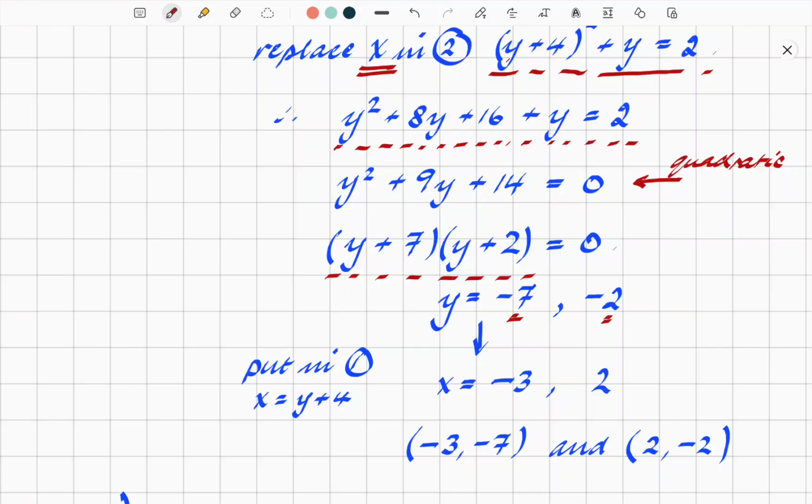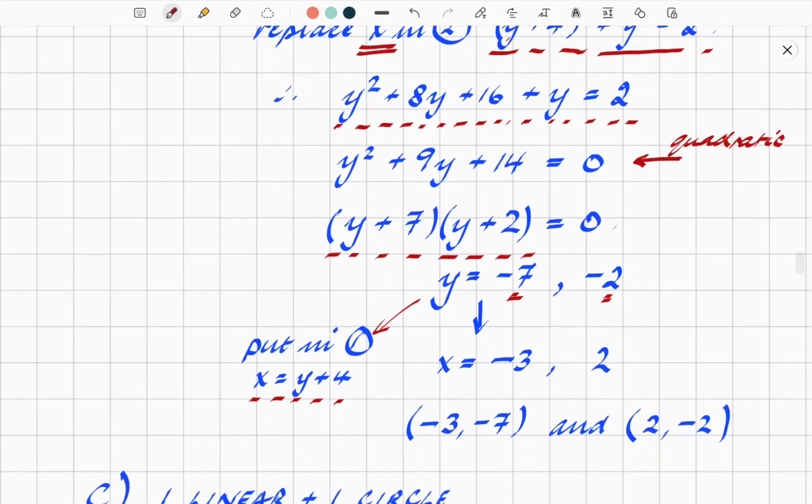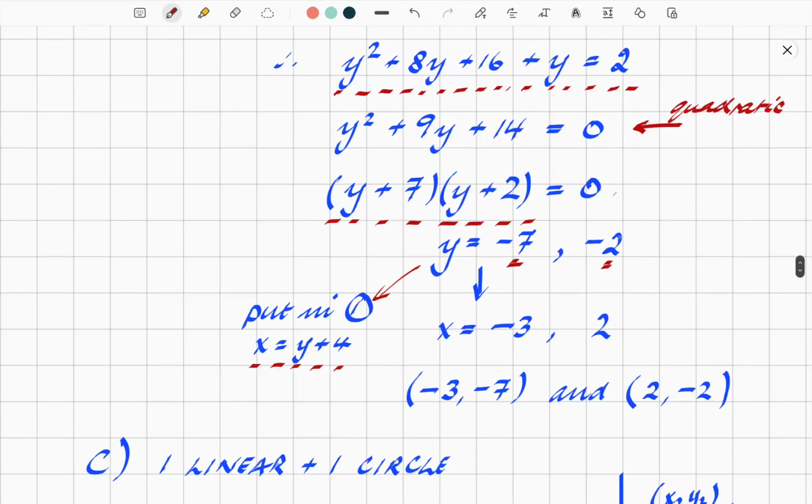From there, when y equals minus 7, if we put that into equation 1, where x is y plus 4, then we get an x solution of minus 3. And then when y equals minus 2, we get an x solution of 2. All right? So these are in pairs.